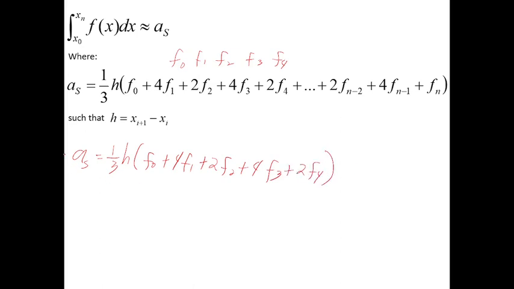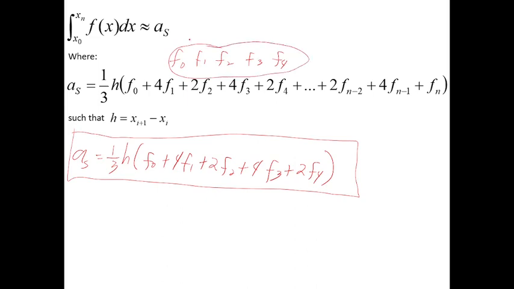So this is now the formula considering 5 points, 5 values of f. We have the Simpson's rule formula.